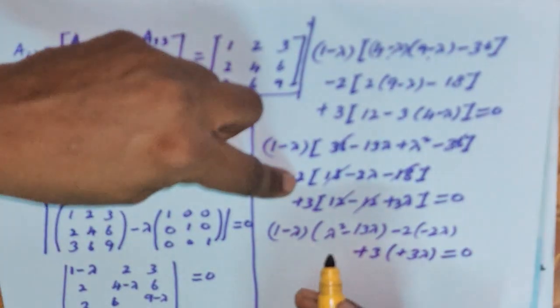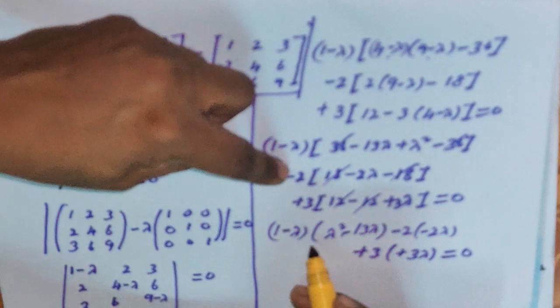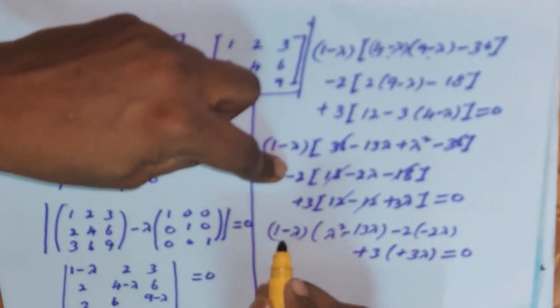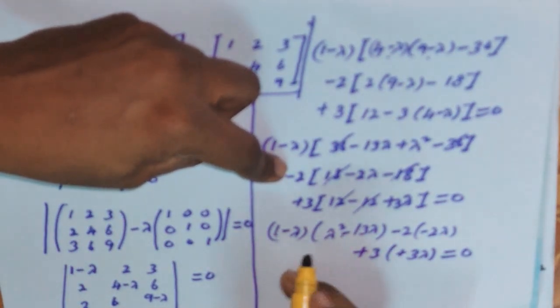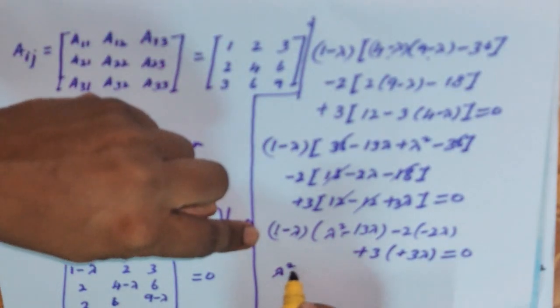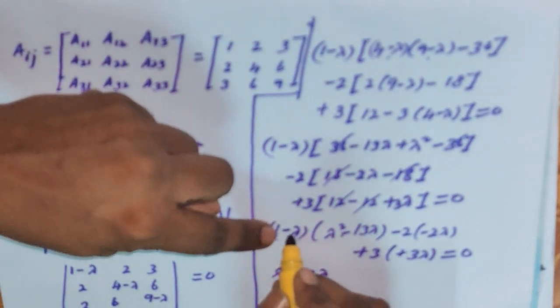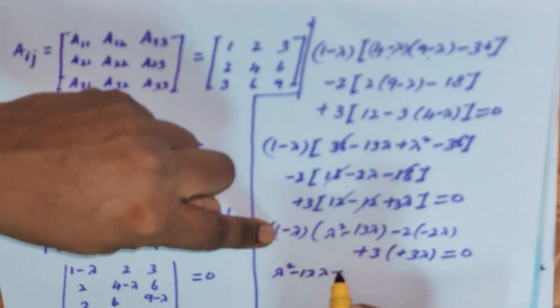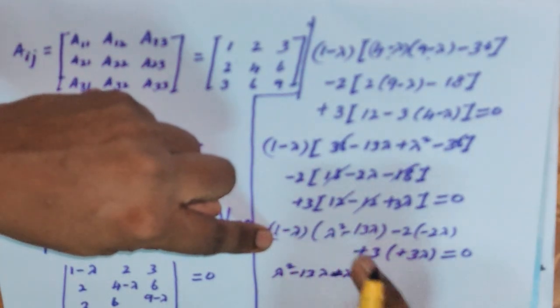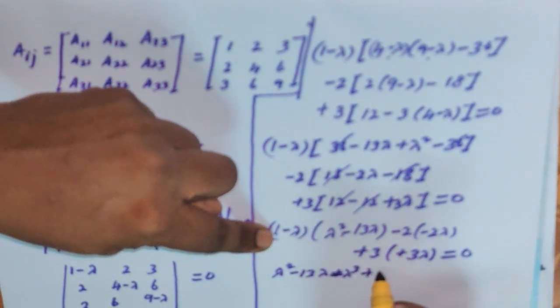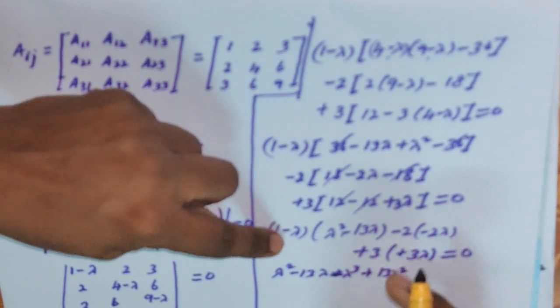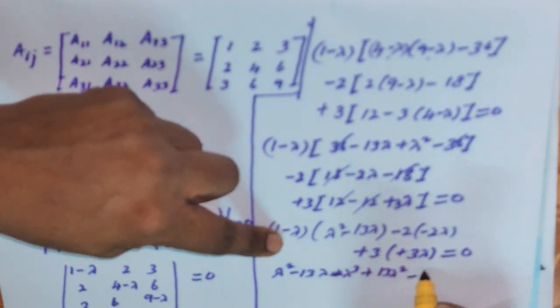Suppose we want to simplify further, then we multiply these. First multiply 1 by lambda square minus 13 lambda, and minus lambda by that, which gives minus lambda cube plus 13 lambda square. Then minus 2 times minus 2 lambda gives plus 4 lambda. And 3 times 3 lambda is plus 9 lambda.